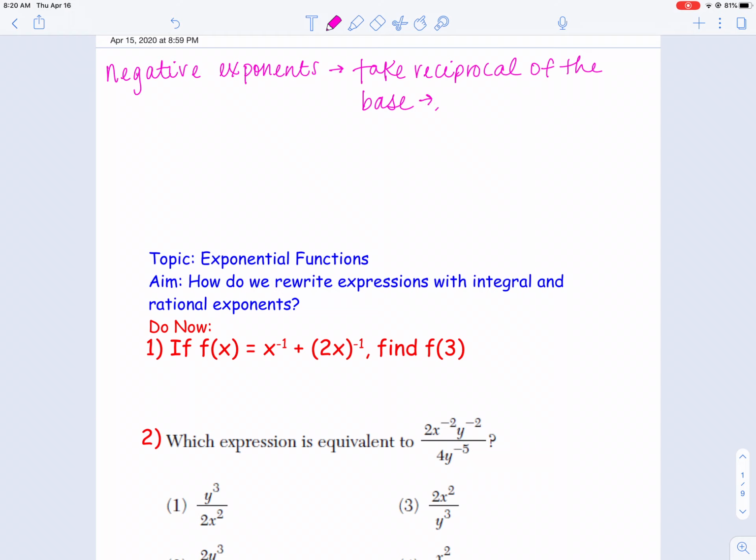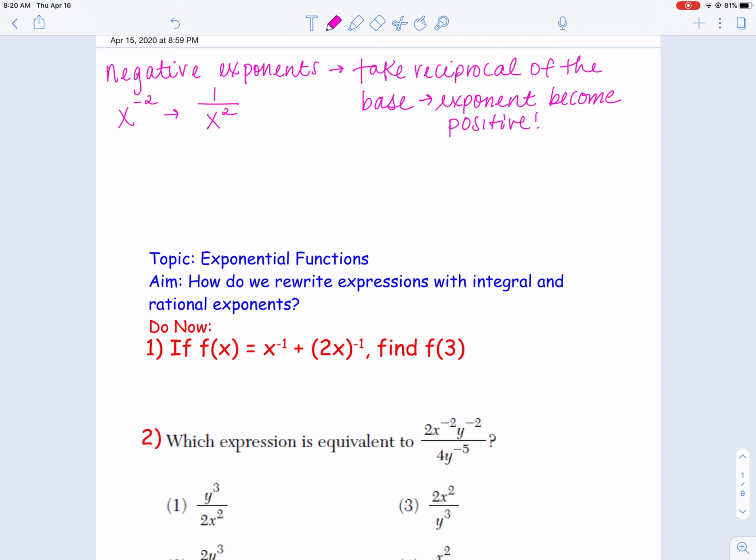It makes your exponent become positive. For example, if you have x to the negative 2 power, technically that's over 1. So when you take the reciprocal, it becomes 1 over x, and that immediately makes that exponent positive 2.